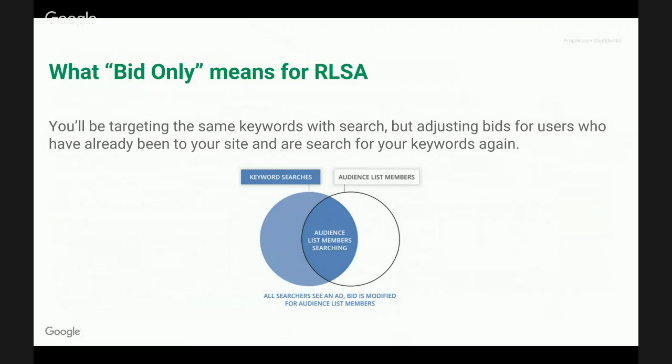A small comment: for bid only, it means that we're targeting new users primarily, people that weren't on our website before. But if someone appears that was on our website before, so it's returning, we can bid more aggressively. That's the whole idea.